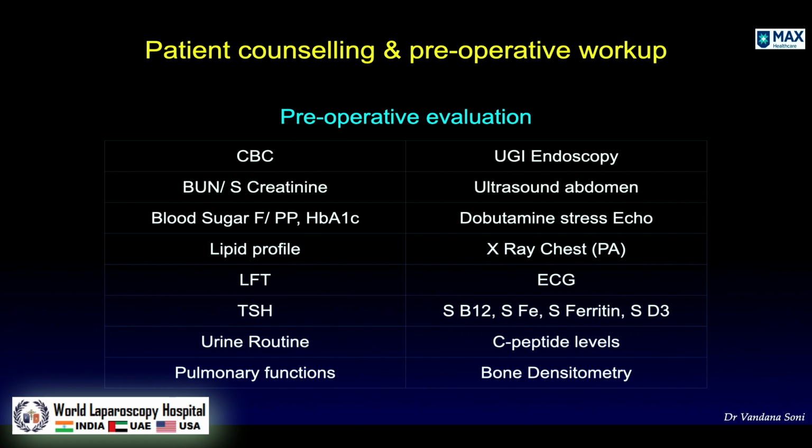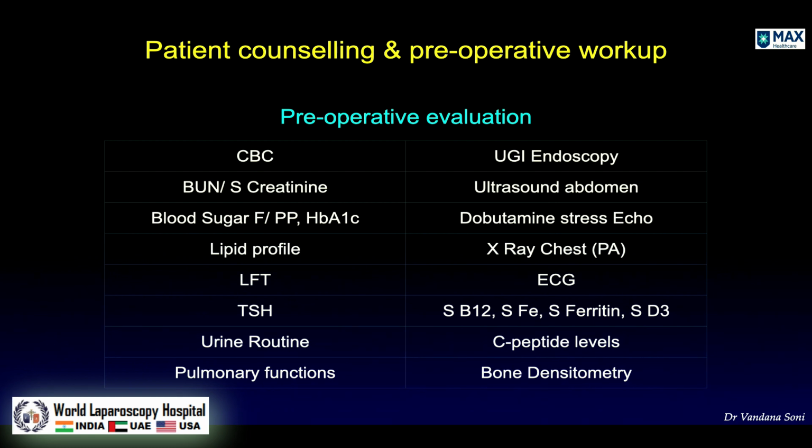So there are laboratory parameters which need to be evaluated for these patients, which include the complete blood count and the entire blood work, especially measuring the blood sugar, fasting and PP, as well as the glycosylated hemoglobin, the serum lipid profile, the serum protein levels, and thyroid function.